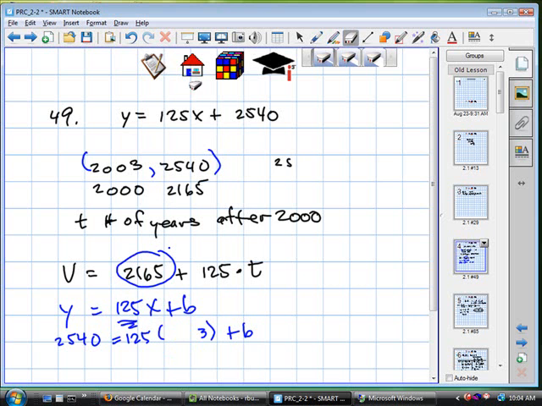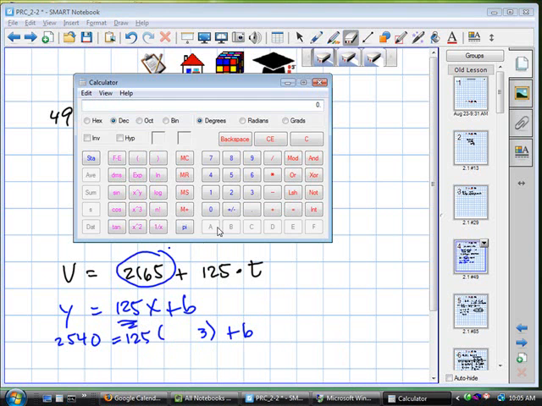Okay. And I'm not going to rewrite this up here. So that's what, 375? And then 2540 minus 375, and b equals 2165.